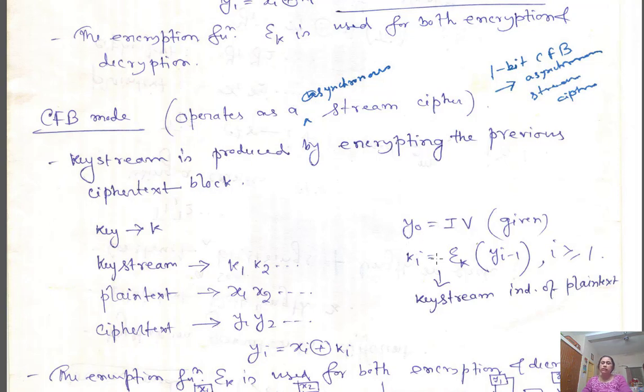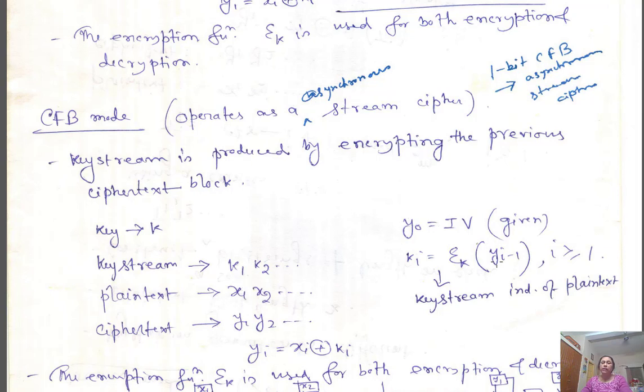Y0 is the initial vector, and from it you generate the key stream using the initial key. In CFB mode, these key streams are generated using the previous ciphertext. The initial ciphertext Y0 is the IV, and then you keep on encrypting.